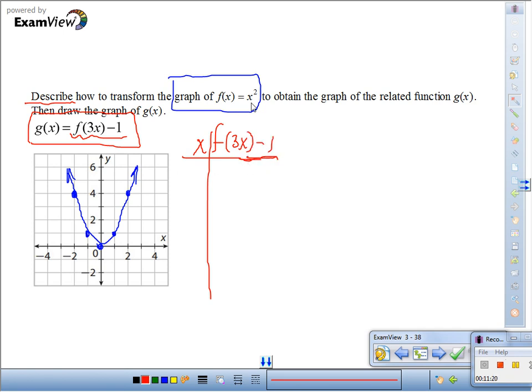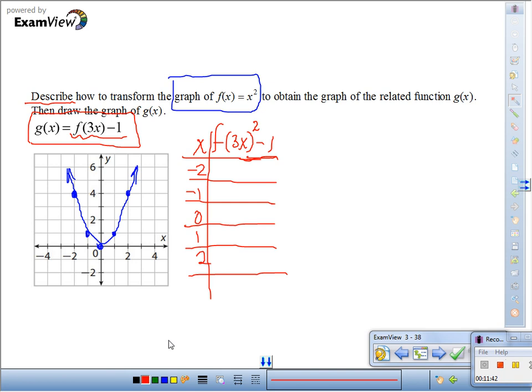However, what was the parent function doing? It was a square. Is that correct? So don't forget to put the square on that one also. And which values do I use for x again, Aldo? -2, -1, 0, 1, 2.